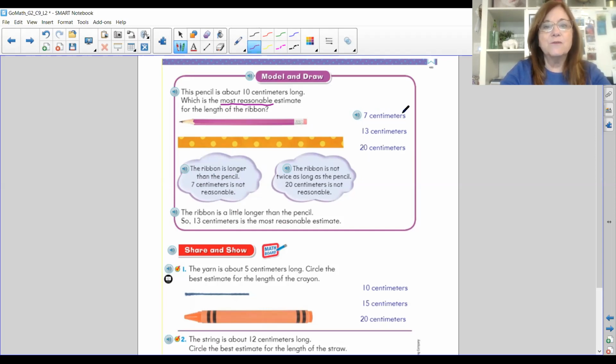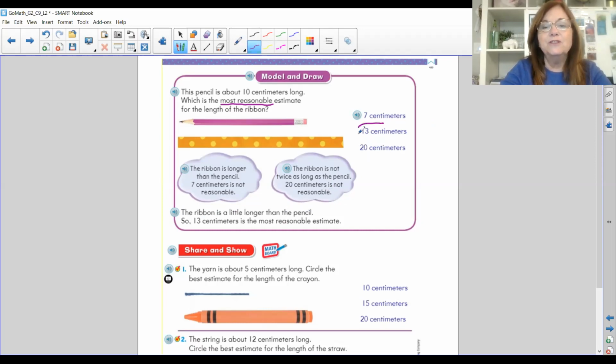And the ribbon is not twice as long as the pencil, which is 20 centimeters, because if this is 10, then we add another 10, the ribbon would be about out to here. So we know that 20 is not the answer. So the ribbon is a little longer than the pencil. So 13 centimeters is the most reasonable estimate.